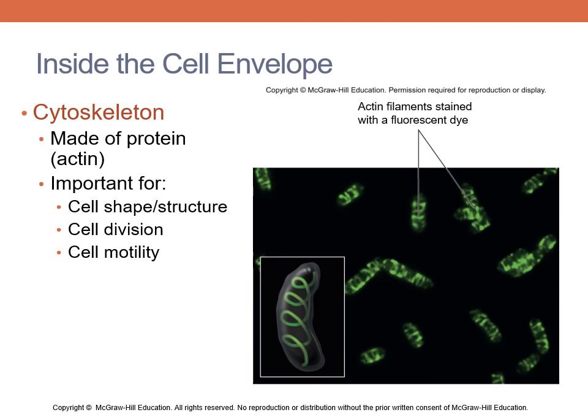Just like we have a skeleton, prokaryotes and eukaryotes also have a cytoskeleton. It was previously thought that prokaryotes did not have a cytoskeleton, but in this figure pictured here, you can see that they do. These bacterial cells are stained with a green fluorescent dye and viewed with the fluorescent microscope.